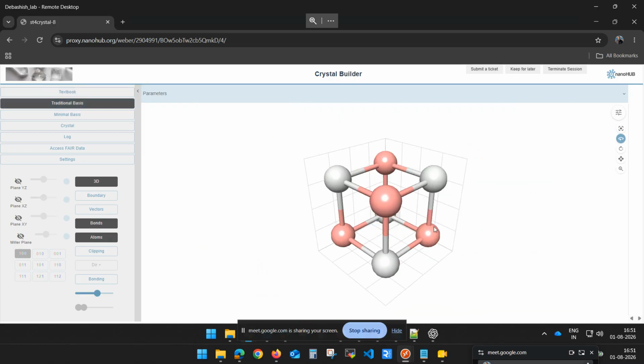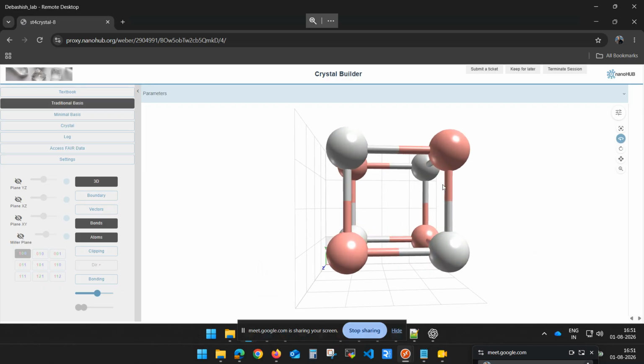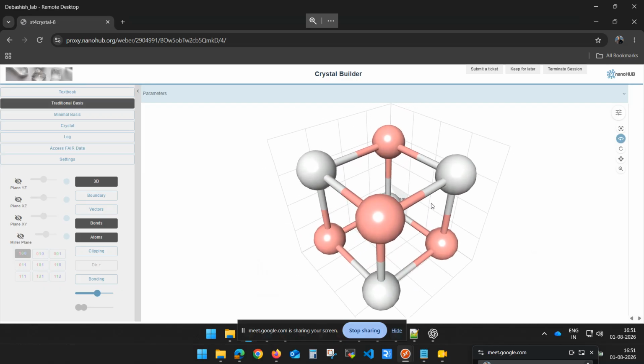Fine. So now if I take a unit cell and tell you that combining sodium and chlorine atoms, how many atoms are there inside this unit cube? What will be your answer? So this atom has 1/8 contribution. This atom also has 1/8 contribution. Similarly, there are 8 atoms.